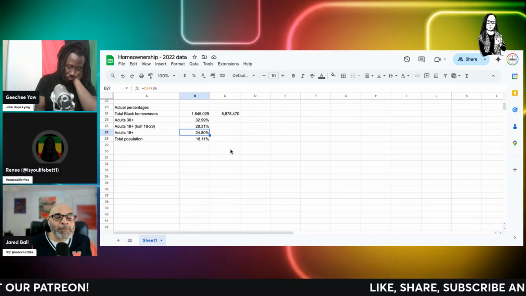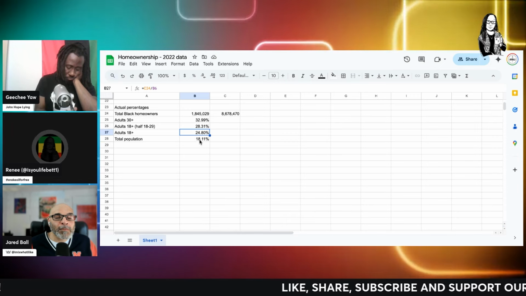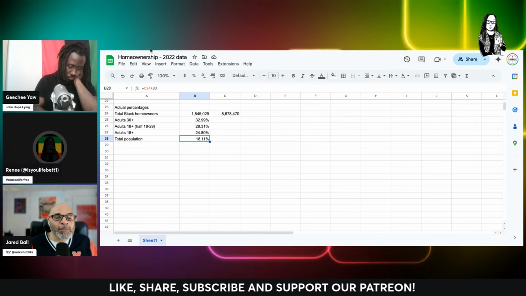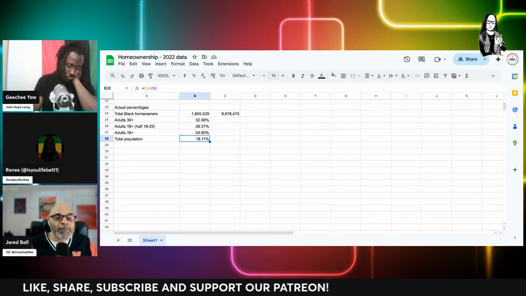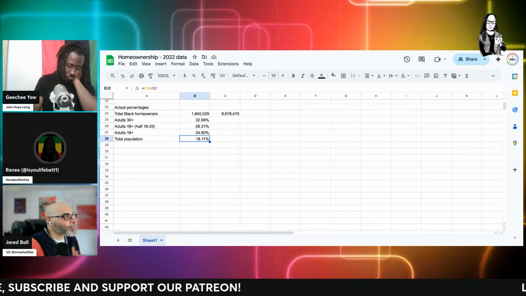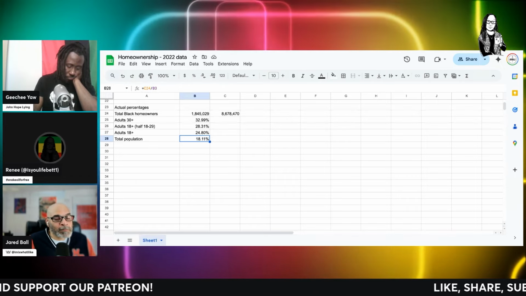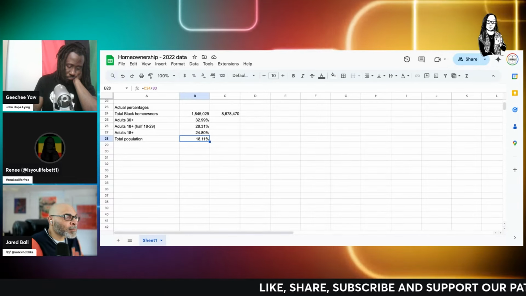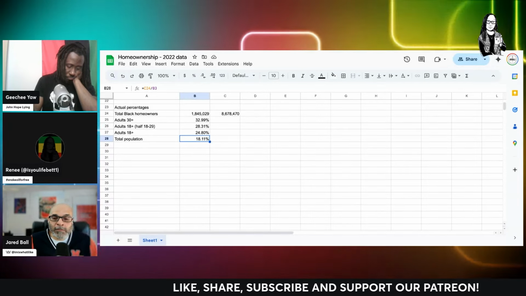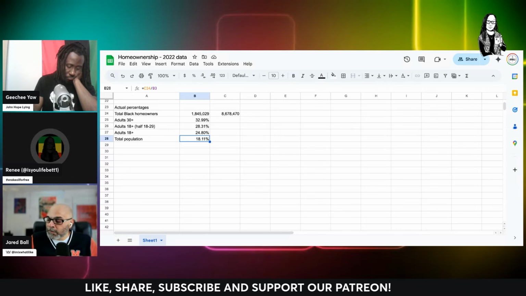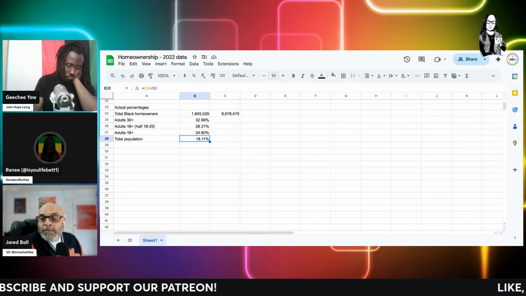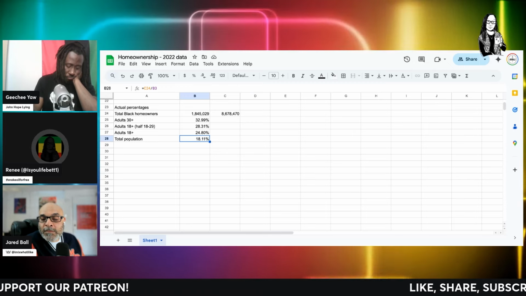And if you go with the total population of Black people in the country, it's not even 20%, it's 18%. So if you want to be accurate, by the numbers, right? Because he always says math doesn't give an opinion. All right. So we're going with that theory that math doesn't give an opinion, and numbers are numbers, right? If we're going to say what the home ownership rate is of Black people in this country, it is 18.1%.